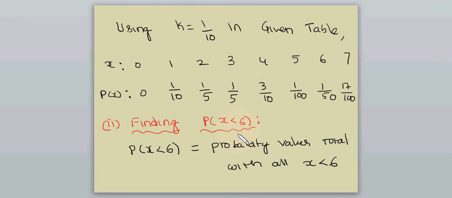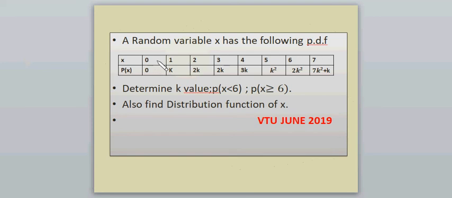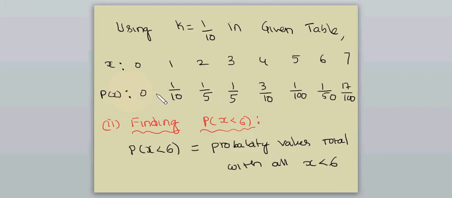Now the first question is finding the probability that x is strictly less than 6. That means x values from 0 to 5 will be included, not 6, and the corresponding probability values will be added together. From this table you already know the probability values, so add 0 up to 1 by 100.